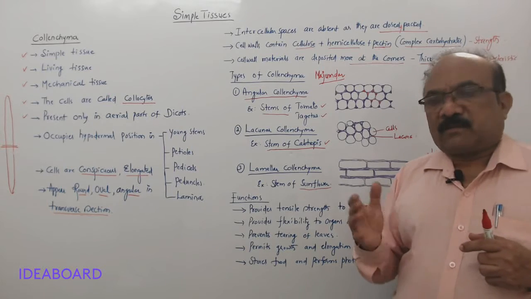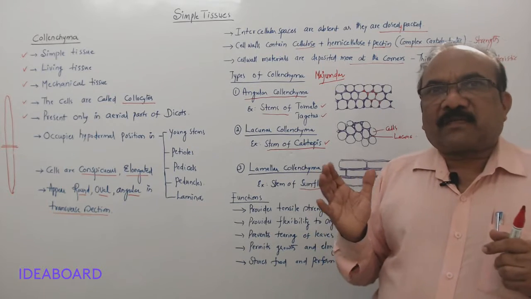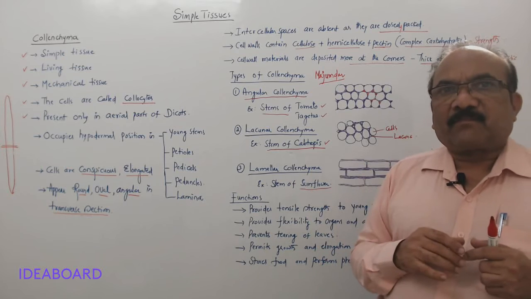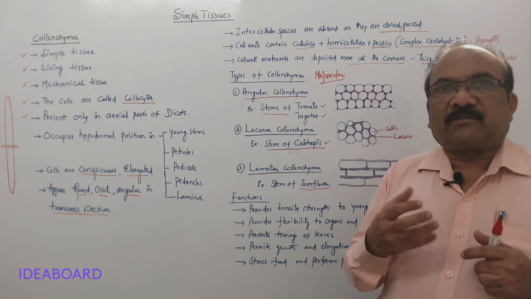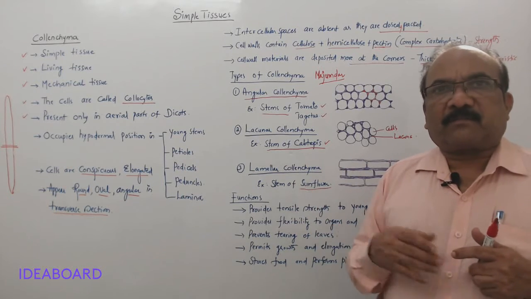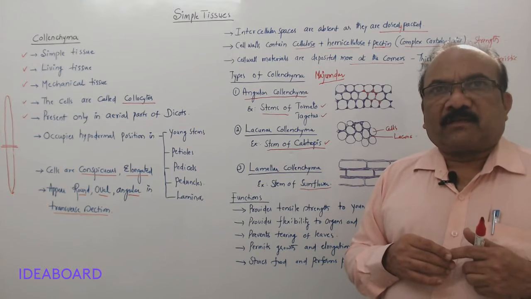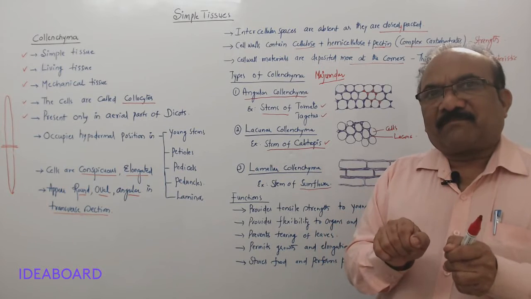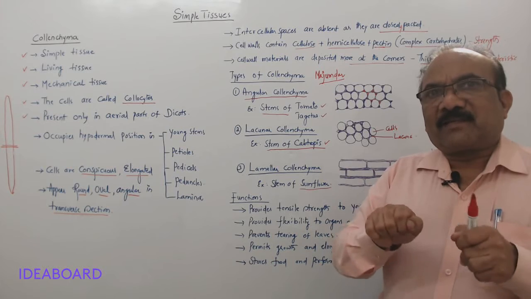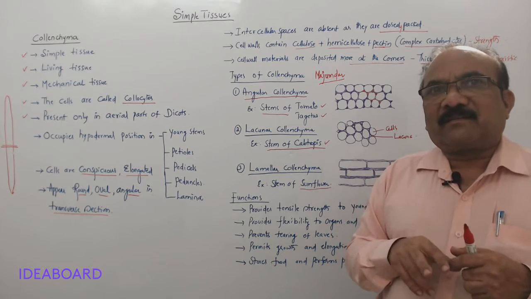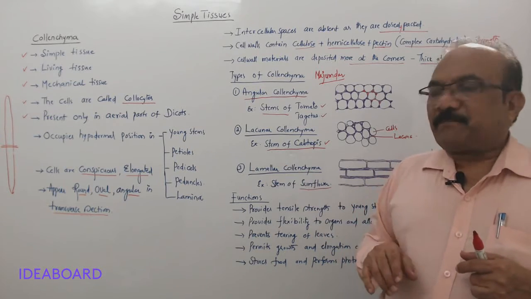So take the Cucurbita stems or pumpkin stems or watermelon stems, you can bend them very easily because they are flexible, and that flexibility is due to the presence of collenchyma.